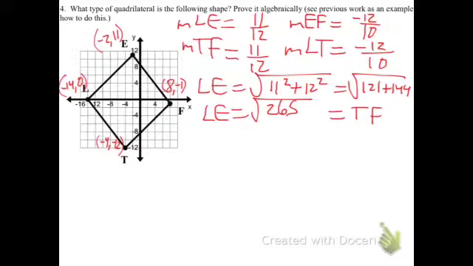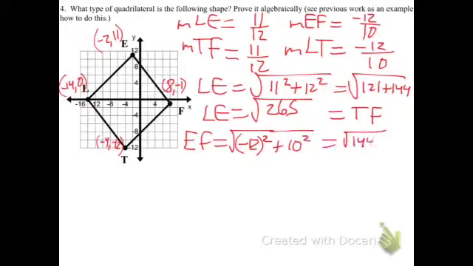Okay, and so we have those distances, and let's get the distance for E to F. That's going to be the change in x squared, and I'm going to add the change in y squared. 12 squared is 144. 10 squared is 100. So the distance from E to F is the square root of 244.